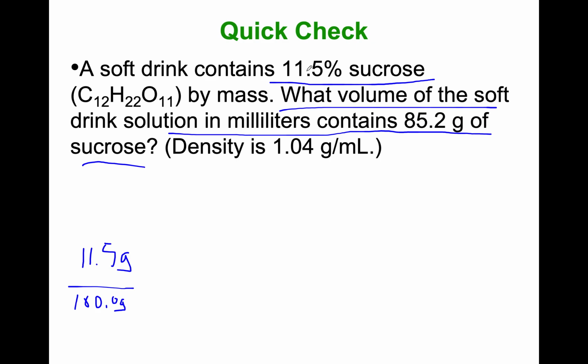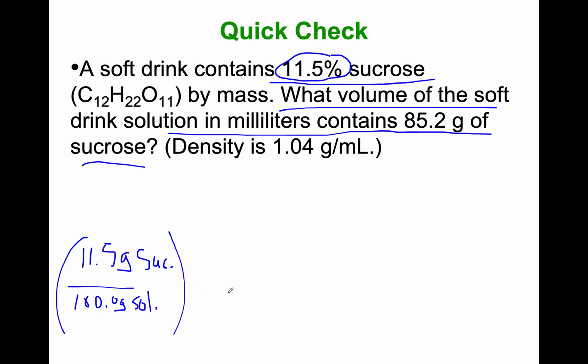That's 11.5% of sucrose, so I can label this sucrose, I'll just put the abbreviation of the name here. And we're in a soft drink, so you could say soft drink or just the solution, for the 100 grams. This is our equality that we get from 11.5%. Right away, we should write down 11.5 out of 100.